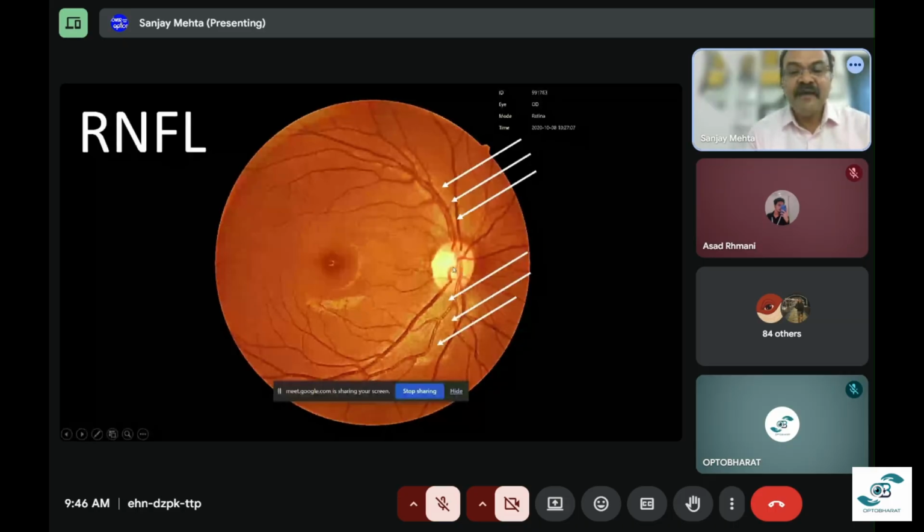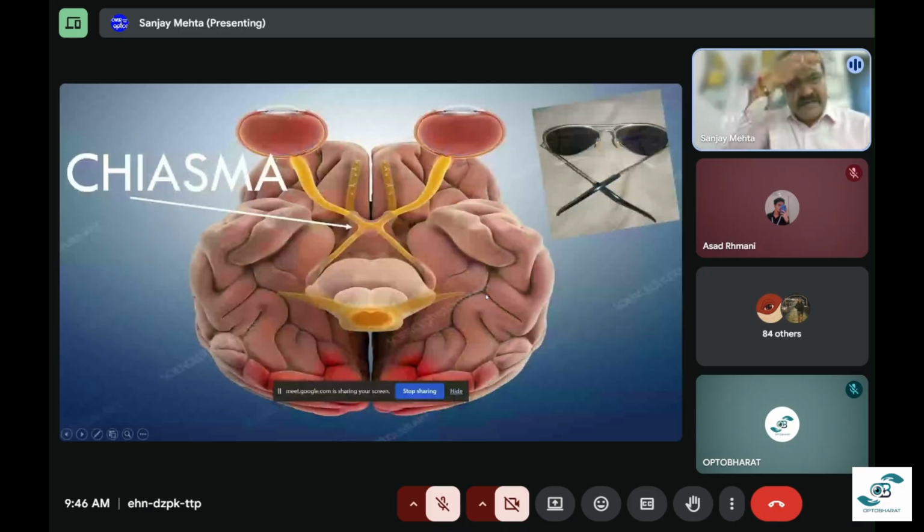Now, my journey towards retina started with this thing. Very early in my practice, probably within a year or two, I had in my clinic only a slit lamp, a direct ophthalmoscope and a retinoscope. Nothing else.